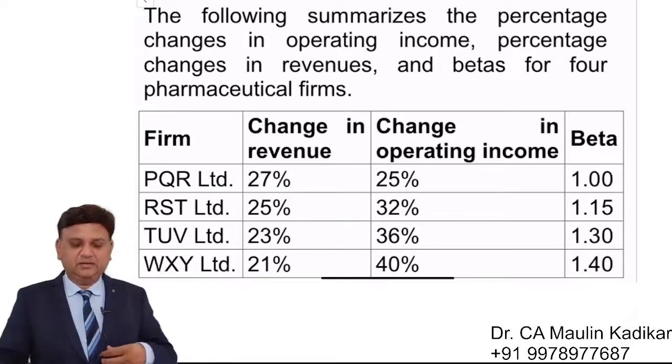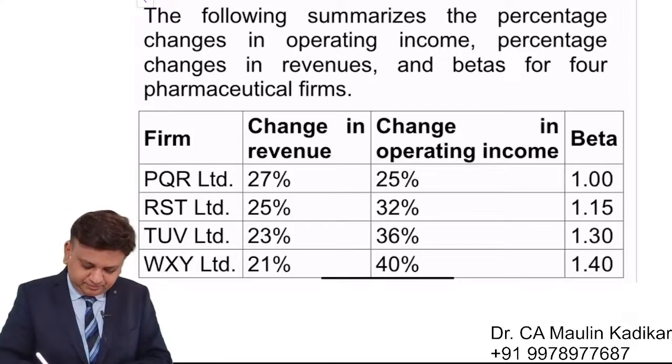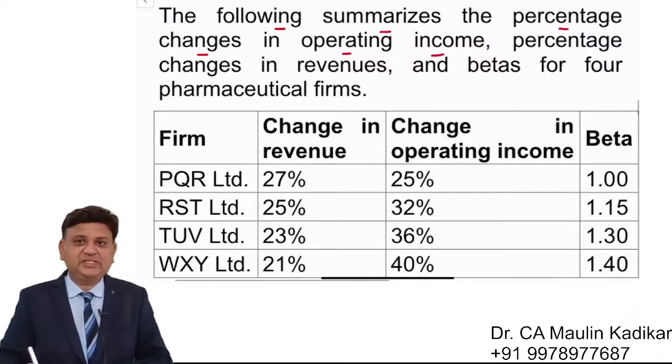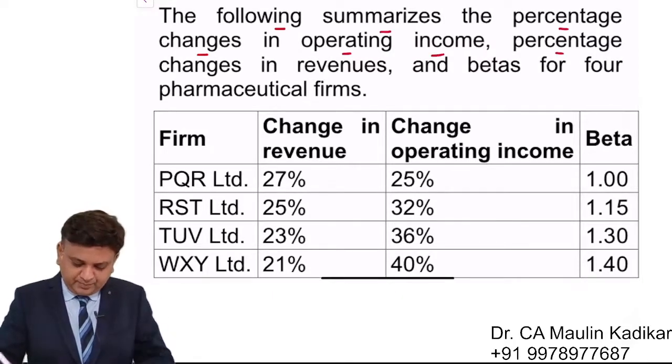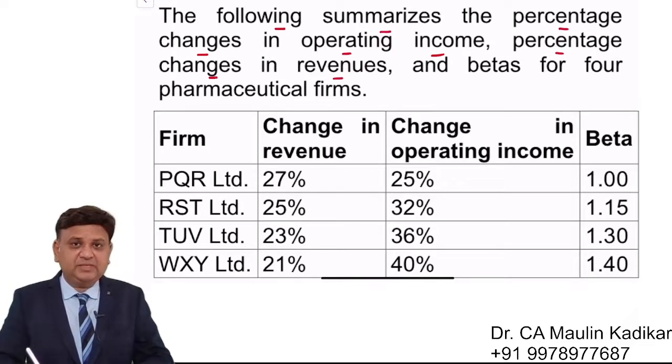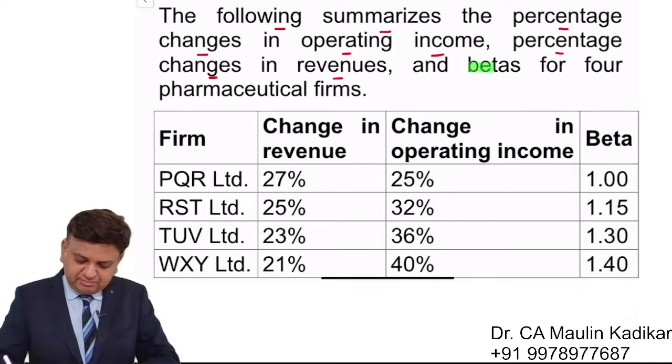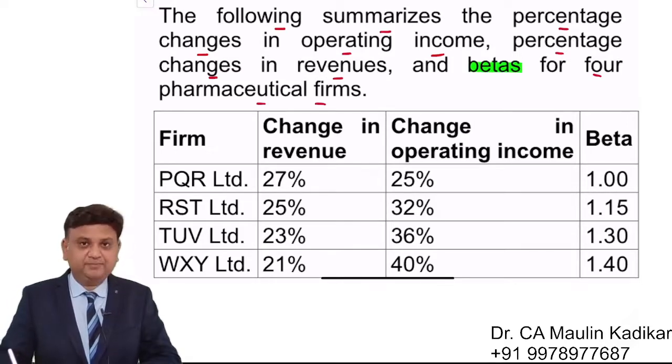Let us see the next question. The following summarizes the percentage change in operating income, that is EBIT, and the percentage change in revenue, that is sales, and highlights the beta for 4 pharmaceutical firms.